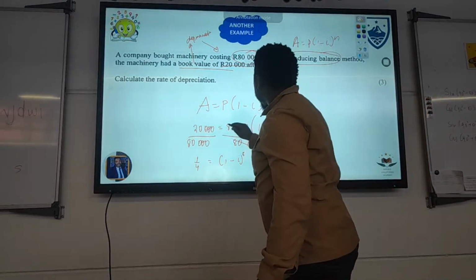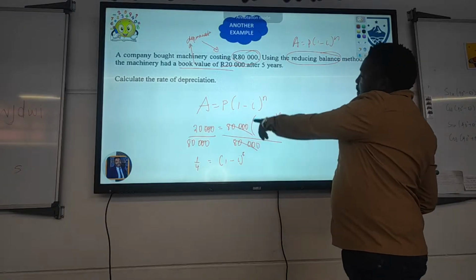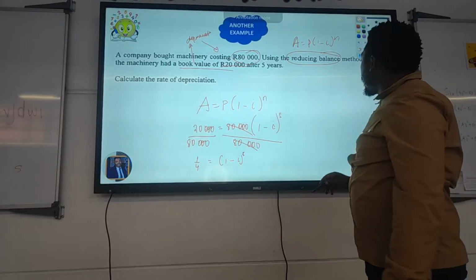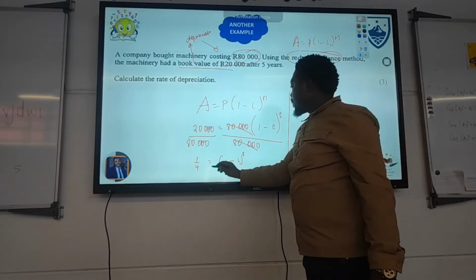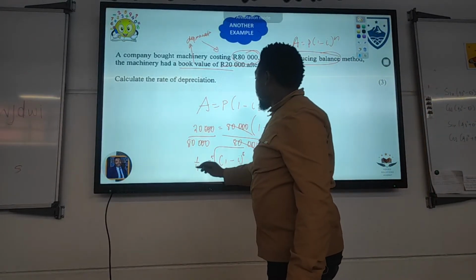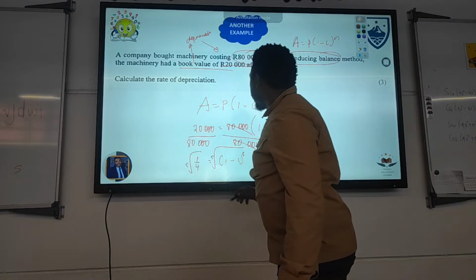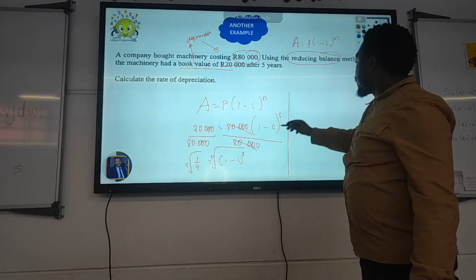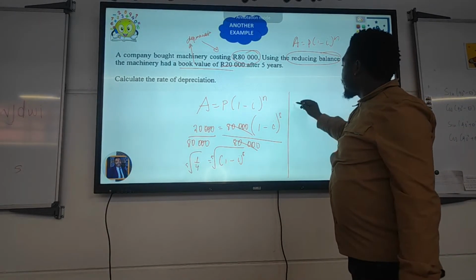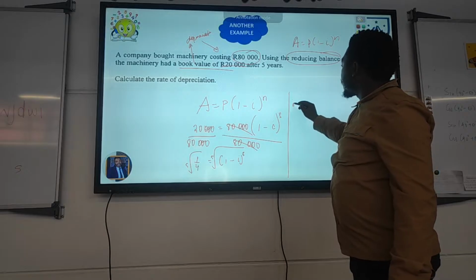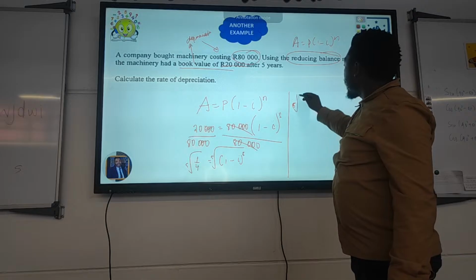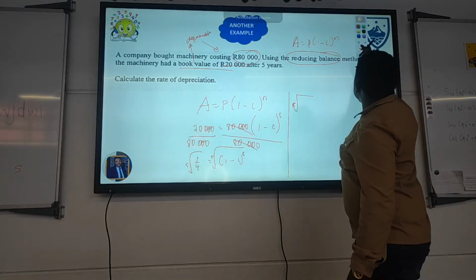So this will divide this, and on the left-hand side is 1/4. If we move forward, we can just take the fifth root of both sides. Let me just write the proper fifth root.